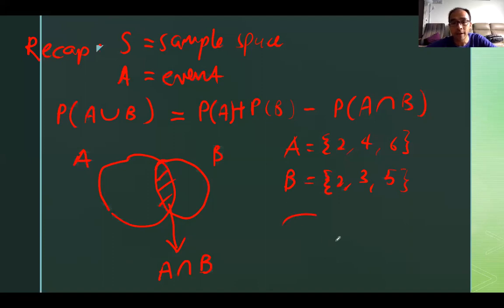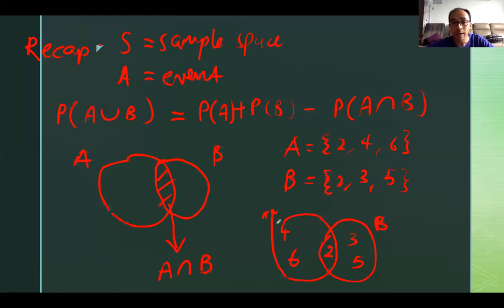If I have a Venn diagram over here, this is A, and the next one is B. I'm going to find that here is number 4, here number 6, here number 3, here number 5, and we find that there is a number 2 that is in both group A and group B. Event A and event B both have the number 2.